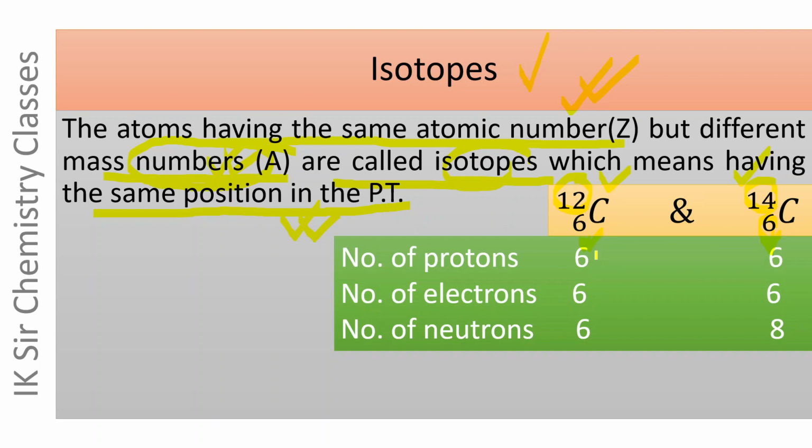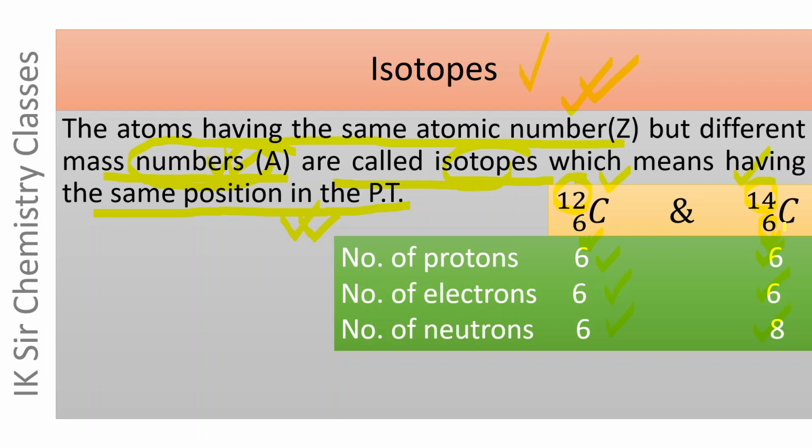It contains 6 protons, 6 electrons, and the number of neutrons is 12 minus 6, that is 6. This nuclide contains 6 protons, 6 electrons, and 8 neutrons.